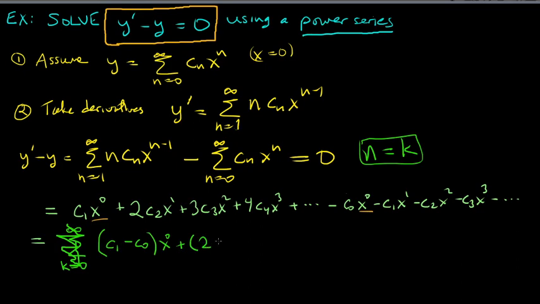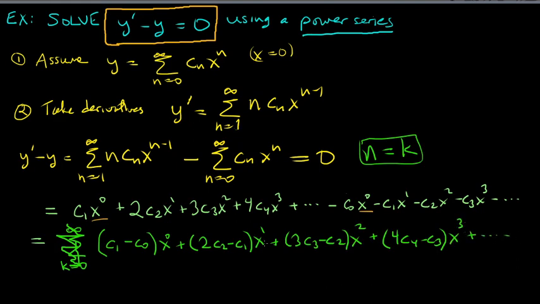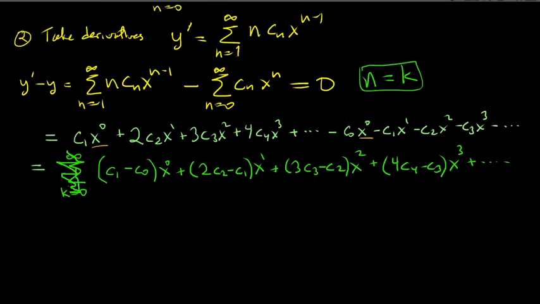And then we're going to get 2c2 minus c1 x to the 1, plus 3c3 minus c2 x to the 2, plus, and then one more, 4c4 minus c3 x to the 3. And in general, you write out as many terms as you need to until you see the pattern here. I think we see the pattern, or at least I hope we do.